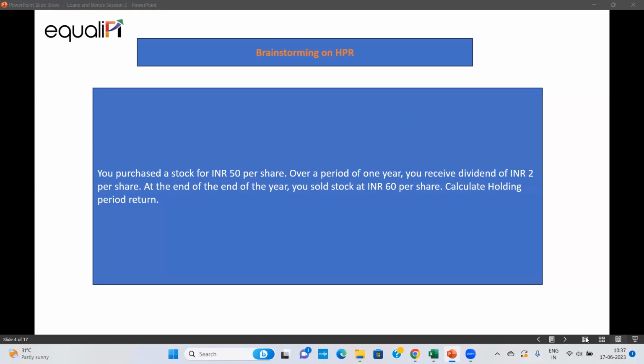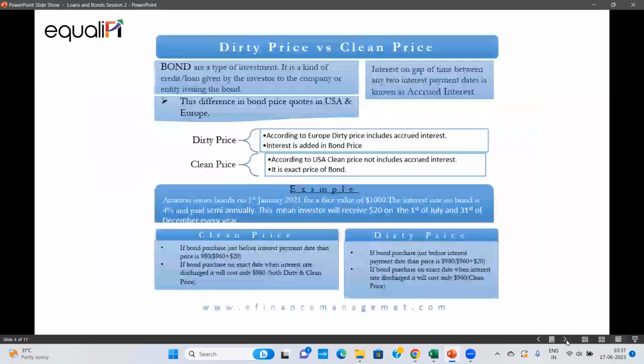Correct. So when I talk about dirty price, according to Europe, dirty price includes accrued interest. Interest is added in bond price. So basically, when I talk about dirty price, say for an example, some interest that is not being paid is also included in the bond price.